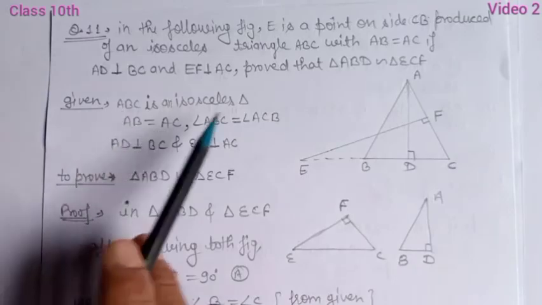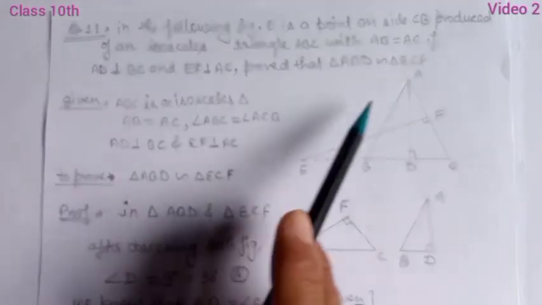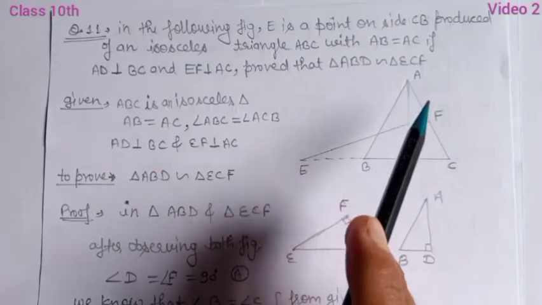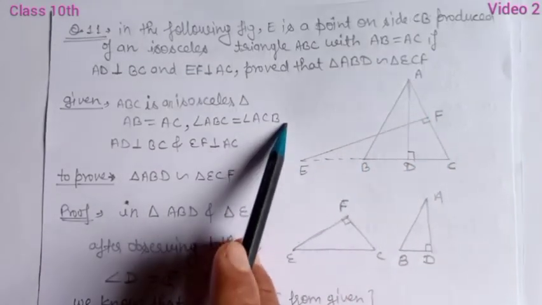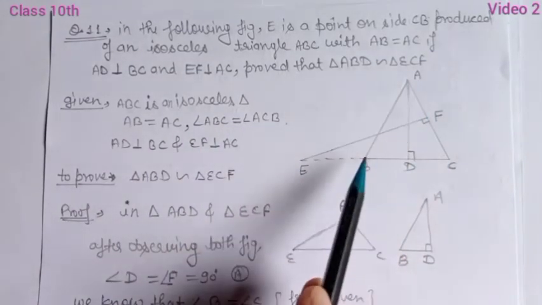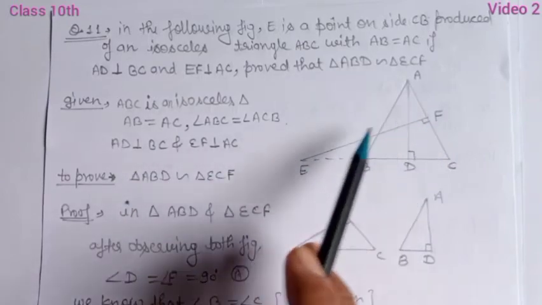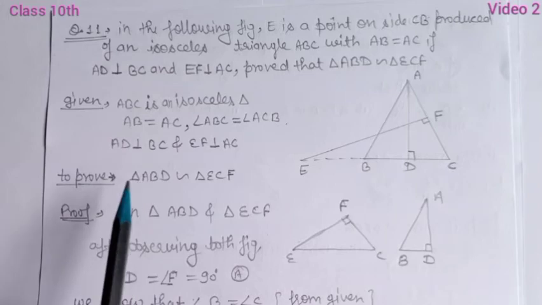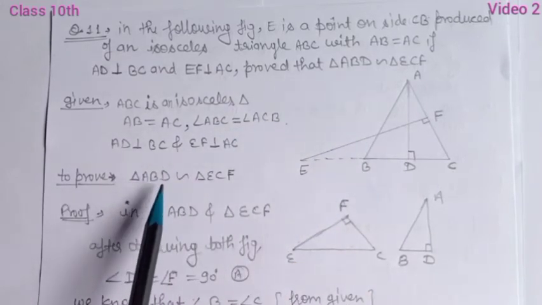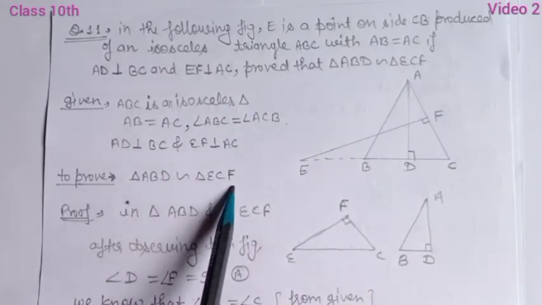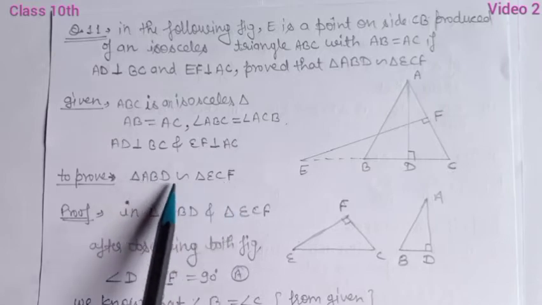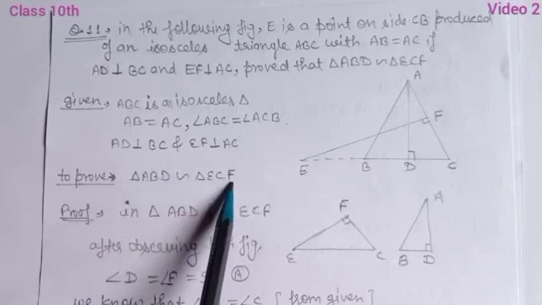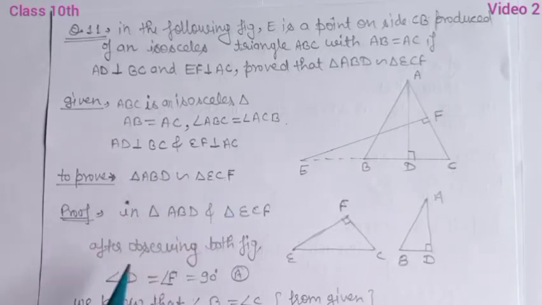So AB is equal to AC and angle ABC is equal to angle ACB. And it is given that AD is perpendicular to BC and EF is perpendicular to AC. What we have to prove here? We have to prove triangle ABD is similar to ECF. Now we'll take both triangles ABD and ECF in the proof. So let's do the proof.